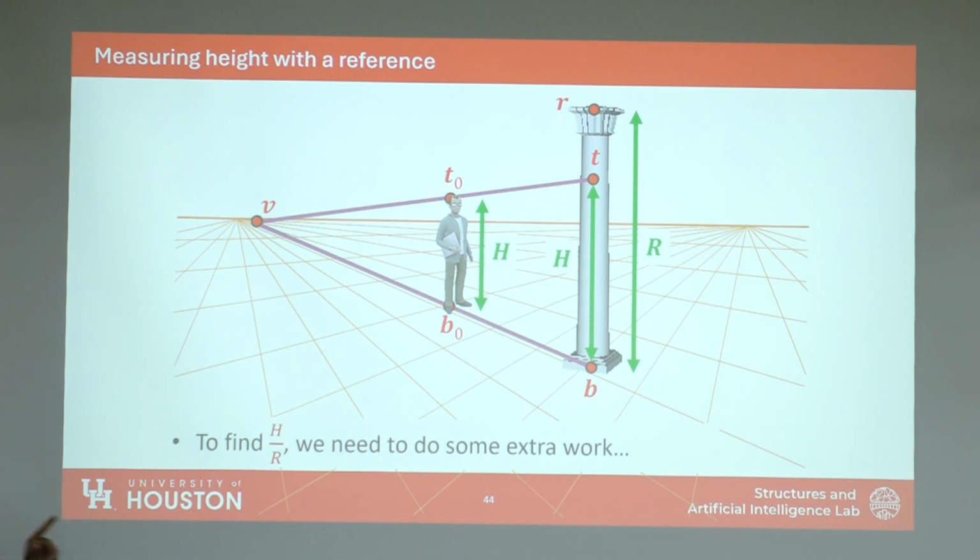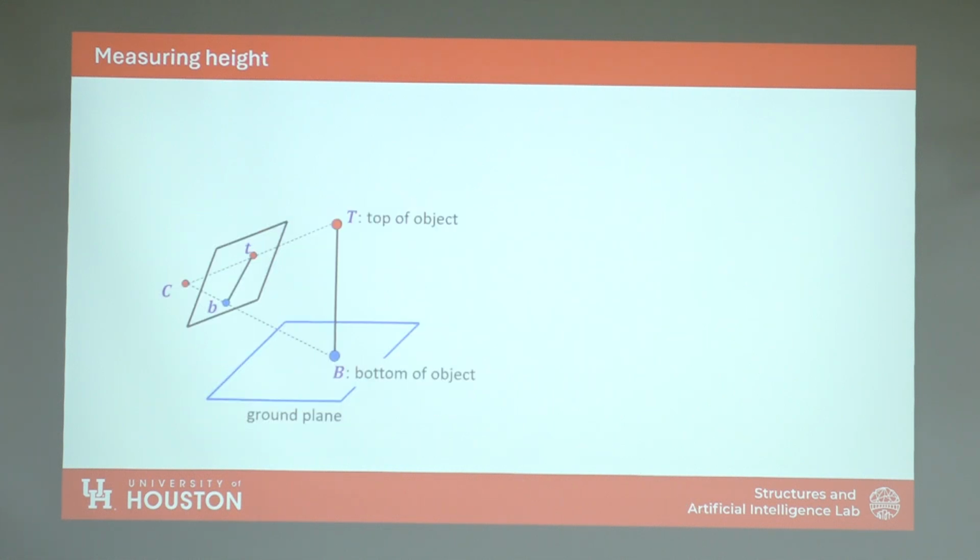But the problem is that I need to figure out where this V is, and then I need to project that line, and I need to figure out what this point T is, right? That's the extra work that I need to do. Okay, so how do I do that?